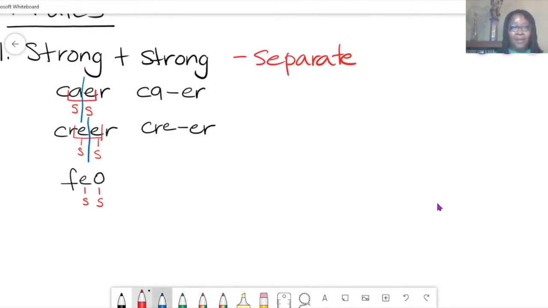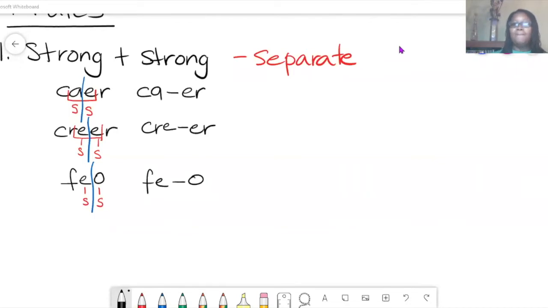Two strong vowels cannot be in the same space, so we separate them. And we end up with fe, o. You hear both vowels, both being pronounced. And that's rule one.